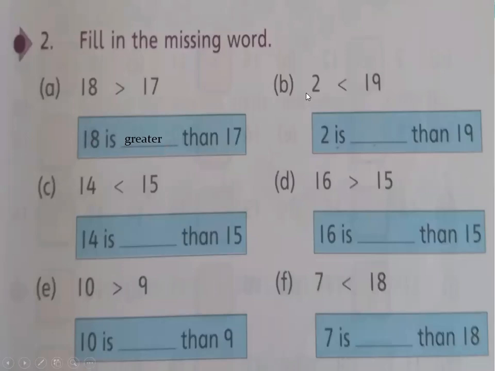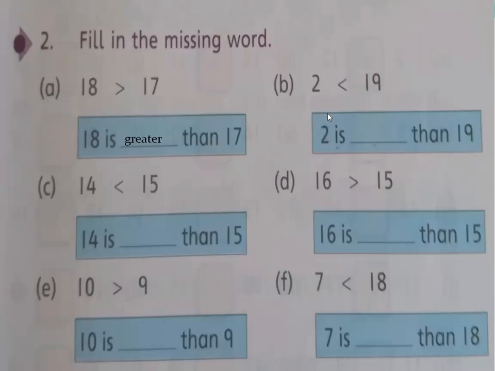Now move to the next one. Observe. What is this? 2, then put the sign, and 19. So what do we call this sign? Observe here, is 2 less or greater? Yes, 2 is a less number.